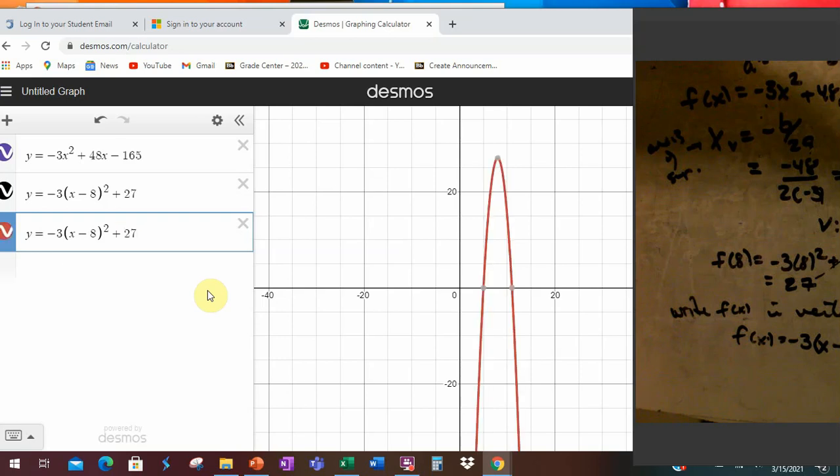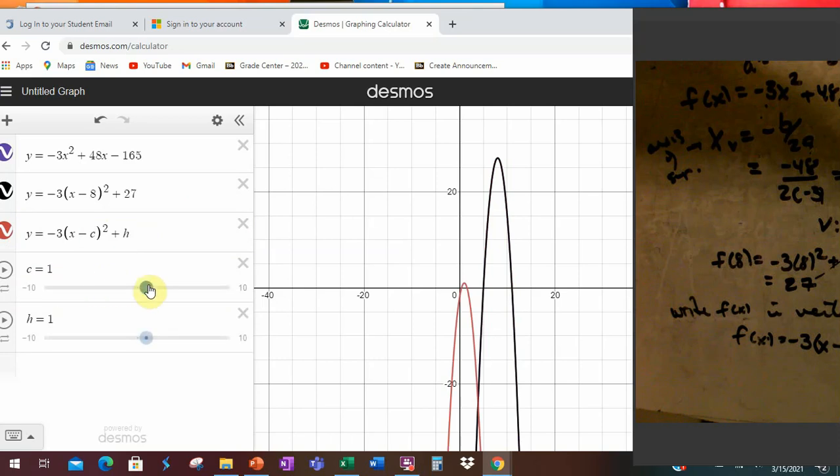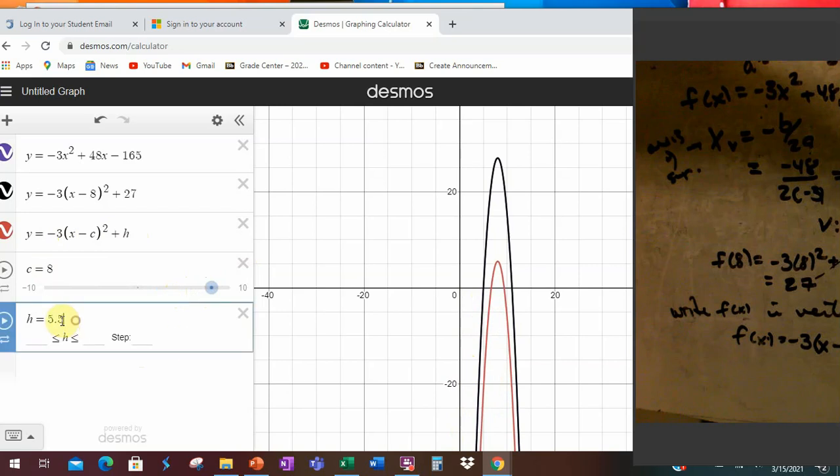And that gets us there. I started this at 0, 0, move that to the right 8 units. Now this is the 8 units, x minus 8, and now I'm just going to move it up to my 27. So let's just write this as 27 to get it all the way up.